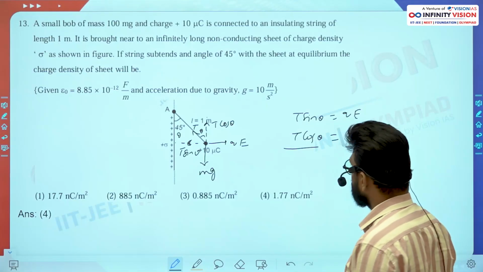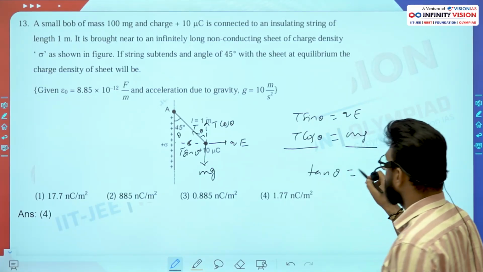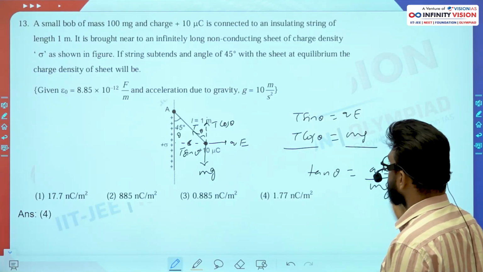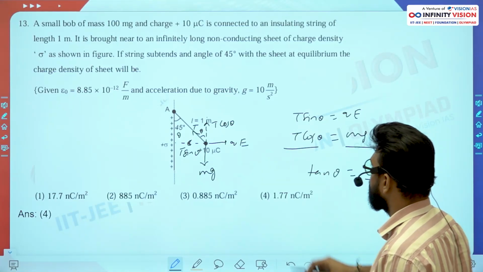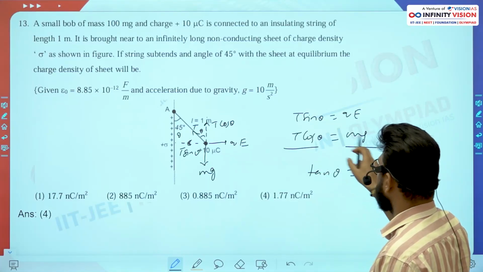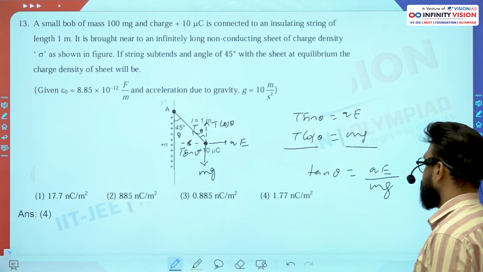Again, take a ratio. T will cancel out. Tan theta comes out to be QE by mg. The cos component would be balancing the weight, and the sin component would be balancing QE. Okay, so this is correct.